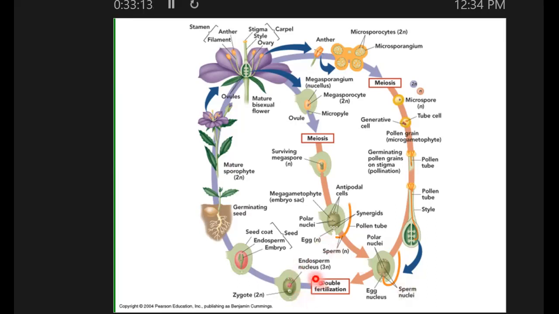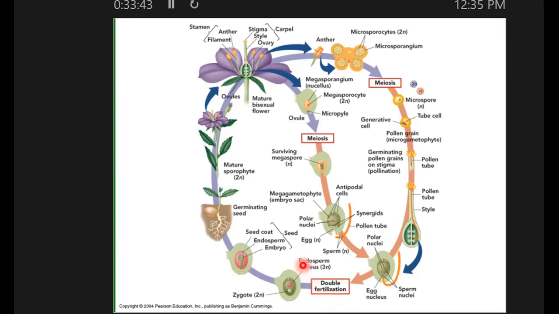Oh, I forgot to introduce that term. So I talked about it. I said how one of the sperm fertilizes the egg, the other sperm fuses with the polar nuclei. The fancy term for that is double fertilization, which is a little weird because polar nuclei really don't fertilize. Weird, but that's the phrase they came up with. So double fertilization just means that both sperm that get delivered by that pollen grain participate in very important jobs.